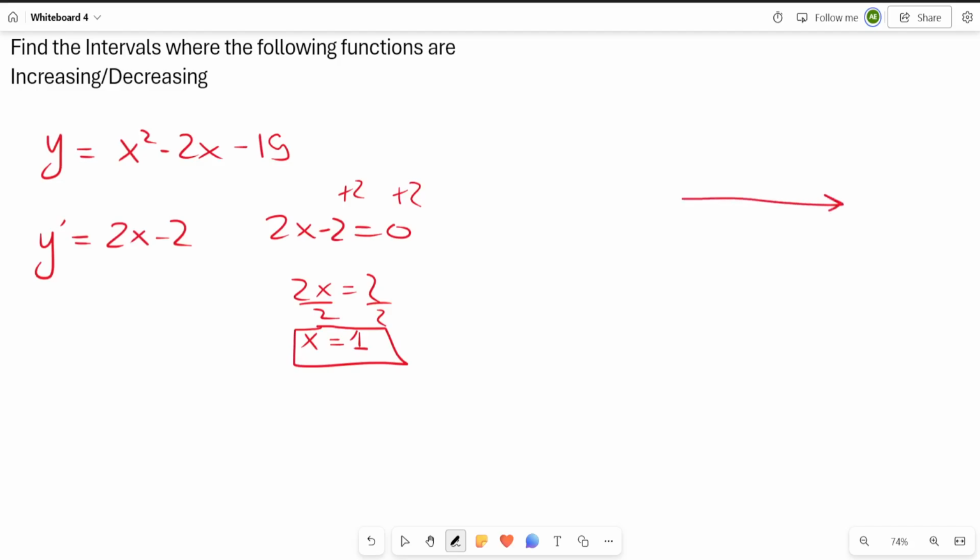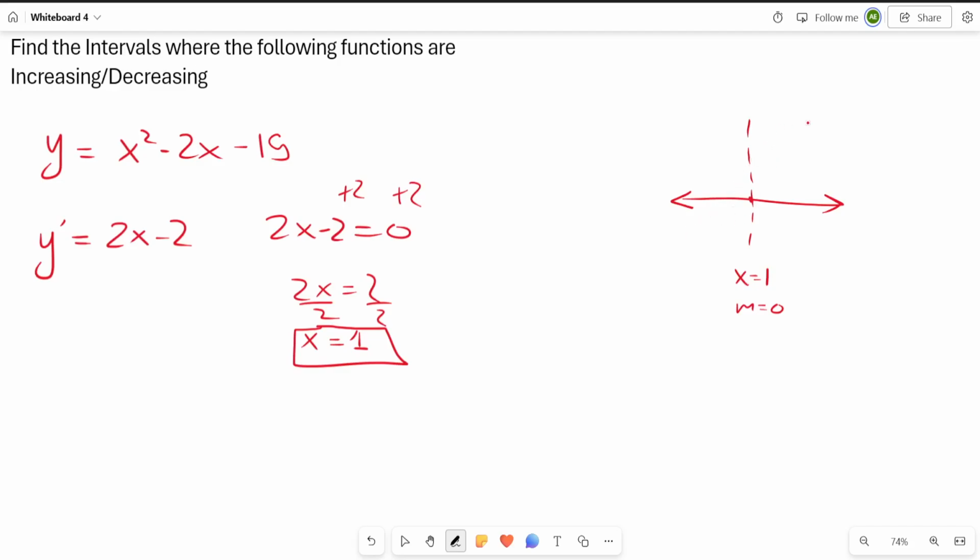So let's draw a small number line and say that this is our x equals 1, where the gradient is 0. Let's test the gradients on the right-hand side of 1 and the left-hand side of 1, and see how they are.